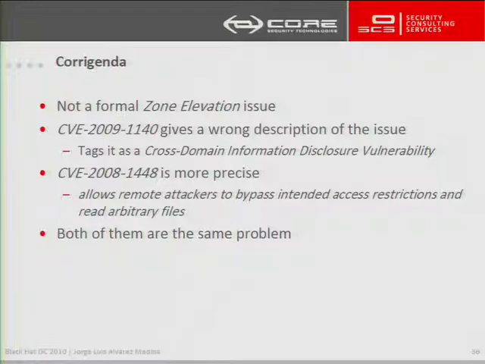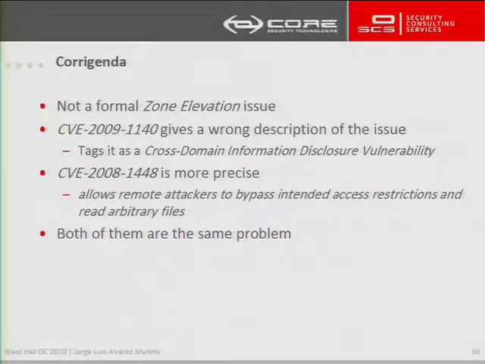In the first CVE that was published, it was treated as if it was a zone elevation issue, and as we saw, it is not. There is no zone elevation. We're not elevating anything. It's just intended functionality abused in a way.